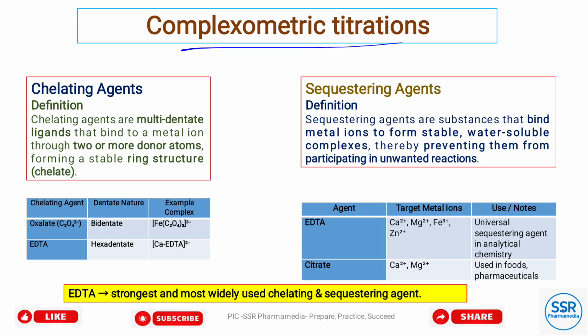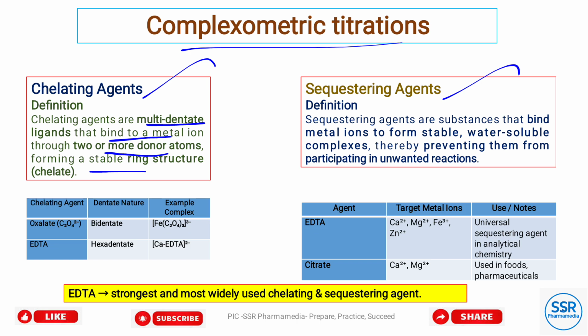Next, in complexometric titrations we will discuss chelating agents and sequestering agents. Chelating agents are multidentate ligands that bind to a metal ion through two or more donor atoms, forming a stable ring structure, also called chelates.